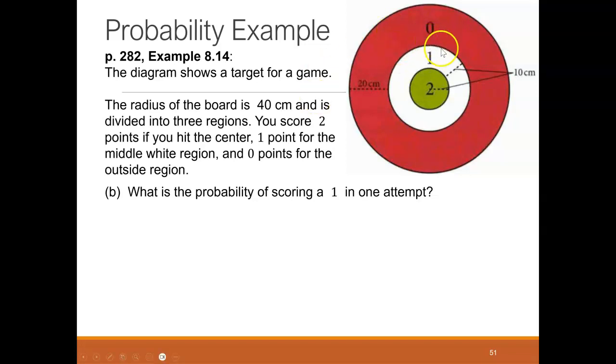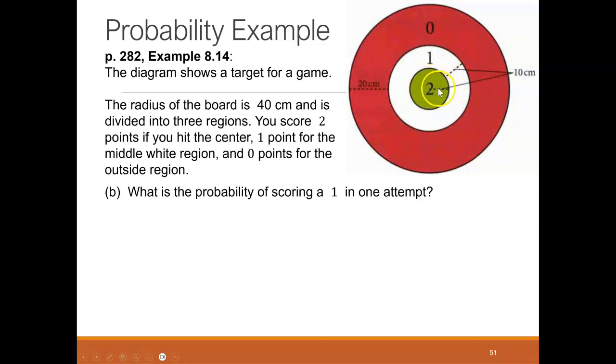How do you find the area of this donut-shaped one, or white donut here? Let's subtract it. Yeah, so we'll find the area of the white as if it was a whole circle.